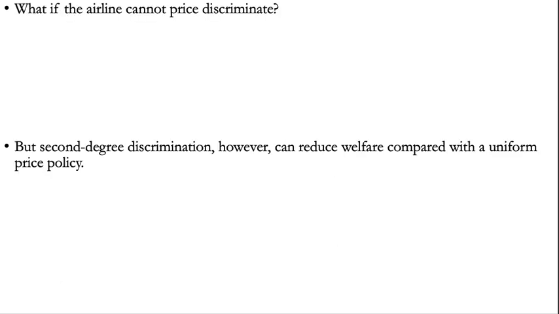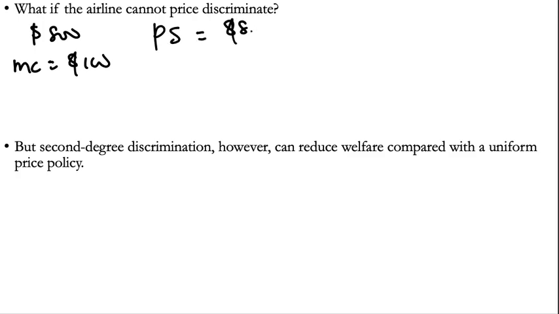So in this case, let me write it here. If the airline cannot discriminate the price, the price will be 800. And remember the cost is 100, isn't it? Therefore, from here, producer surplus is 800 minus 100, which is obviously 700. Because in this case, when it is 800, do you think that the vacation traveler would buy the ticket?